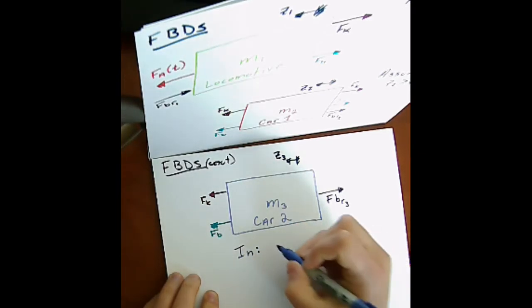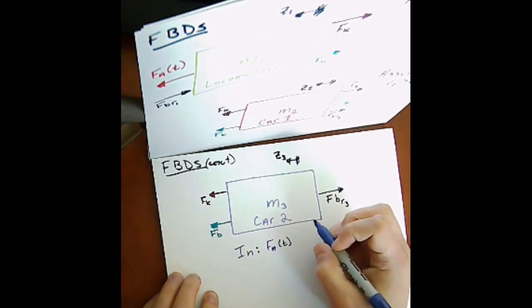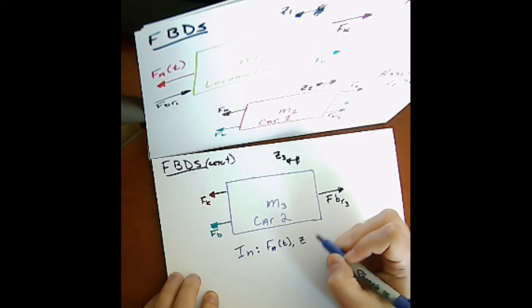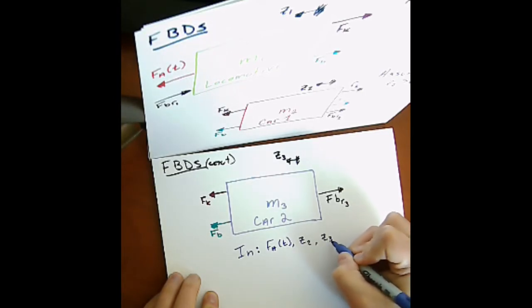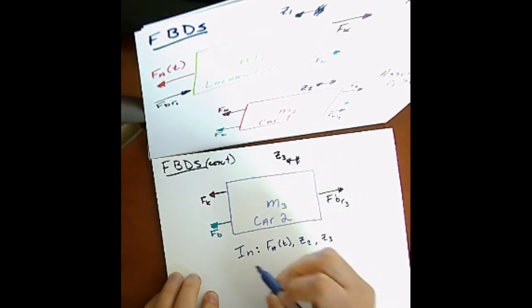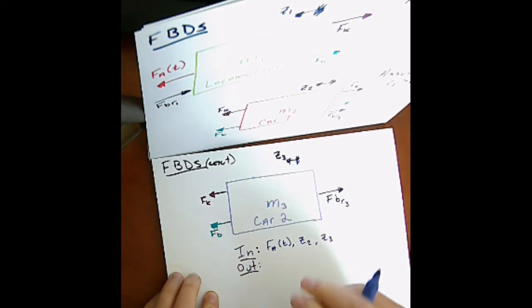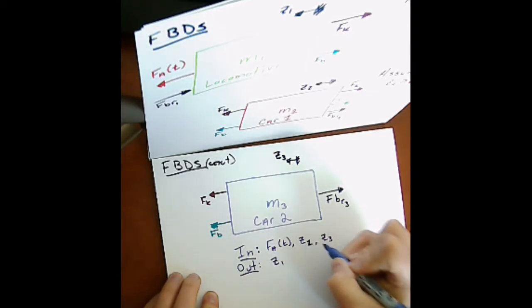Inputs. We're going to go down the chain. I've got F applied as a function of time. I've got Z2 and Z3. Output. Well, the output from here is Z1. I'm sorry, that should be Z1 right there.